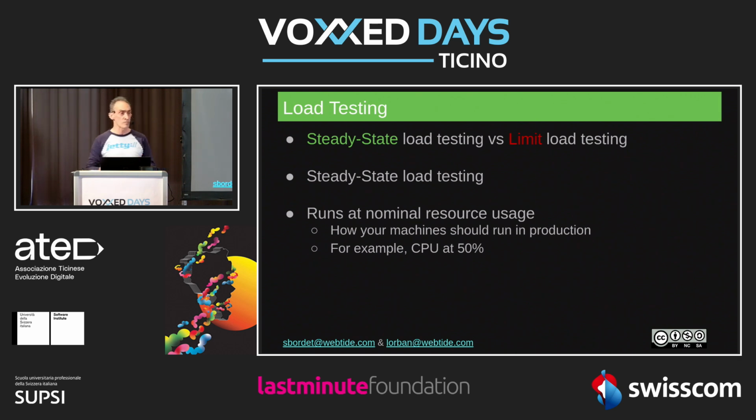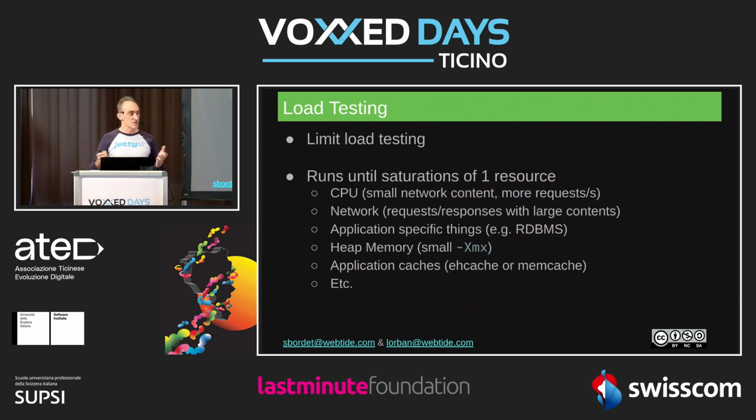For example, my load has a typical pattern during the day: there is more load, but during the night there is less load, depending on the geographical zone that you are in. And in this case, maybe you don't want to allocate too many machines during the day and then deallocate them during the night, but you want to say, well, maybe my machines can handle the load. The curve is not that high or too low, and therefore my machines can handle the load, no problems. So this is what we call steady state load testing.